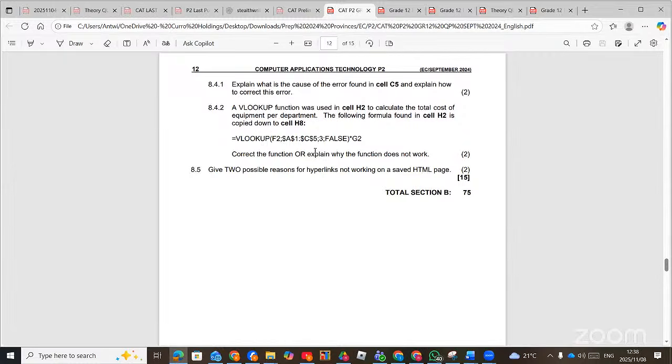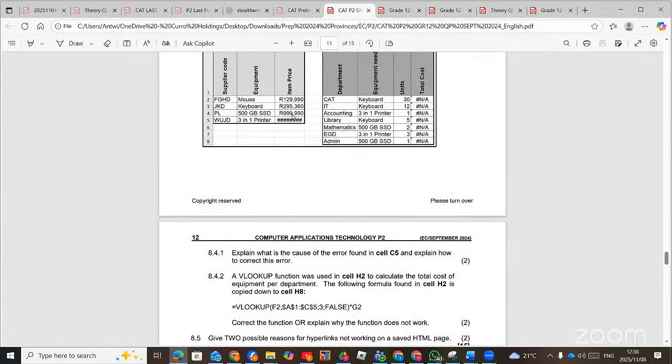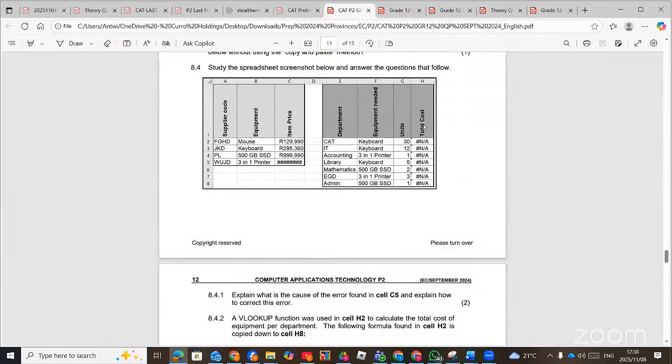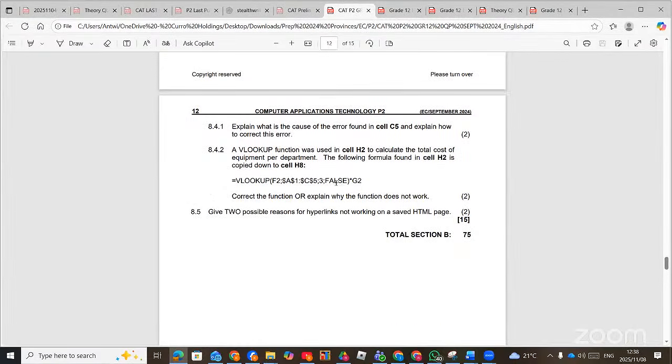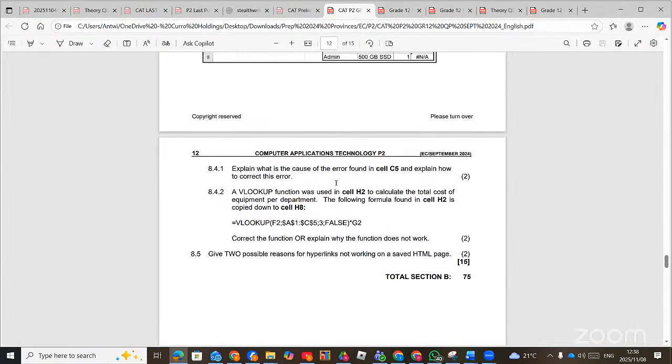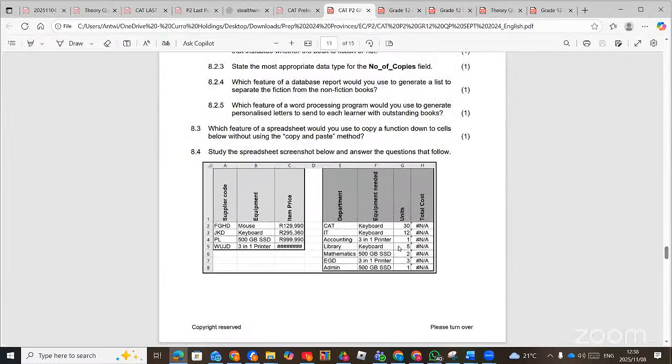Yes, it is correct there. 3, we are picking from the third one. This is total cost, item price. So they'll get it, that is correct. False. False is exact match. Exact match. Next time G2, they are multiplied by G2.